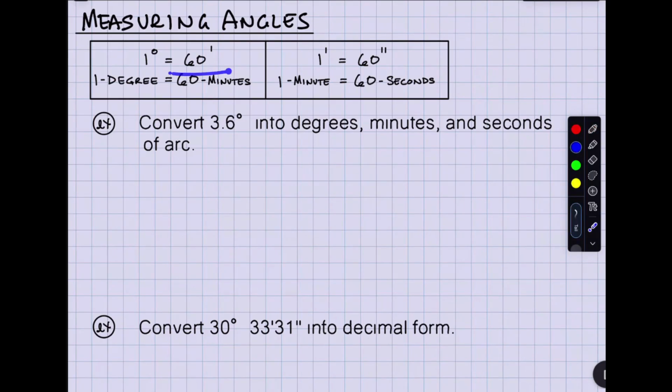What I wrote up here in symbols is what I'm saying down here in words, right? So this single dash here means minutes. This double dash here means seconds. Okay? So if I was to convert 3.6 degrees into degrees, minutes, and seconds, what would I do?